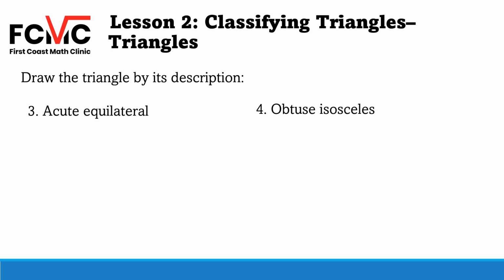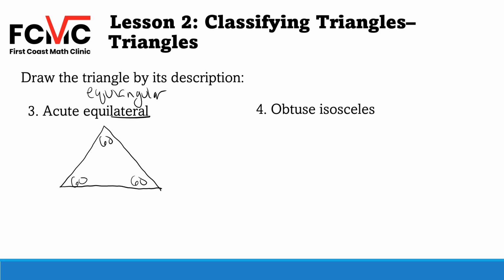For number 3, we want an acute equilateral triangle. So if it's equilateral, we also know it's going to be equiangular. So we know that each angle is going to be 60 degrees, so that's going to make it acute. And if it's equilateral, all the sides are going to be equal.